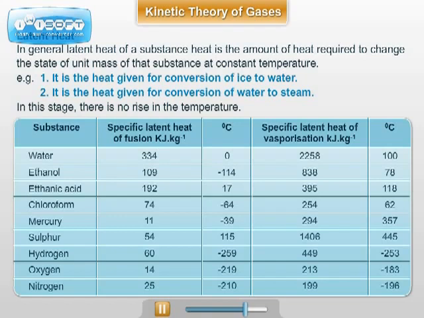For example, it is the heat given during the conversion of ice into water, or it is the heat given during the conversion of water into steam. In this stage, there is no rise in temperature of the ice water or the water steam combination, but the heat given is utilized to change the state.